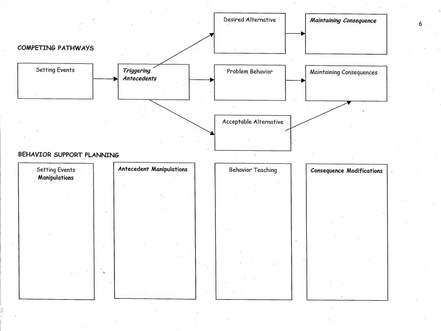So you can modify, you can alter setting events. Also, you can alter, change antecedents to prevent problem behavior from occurring. You can also consider direct behavior teaching strategy. Also, you can provide some consequence-based intervention as well. So let's talk about this.